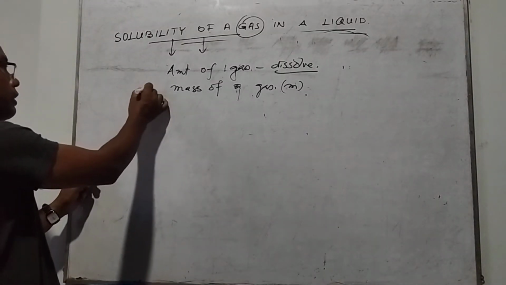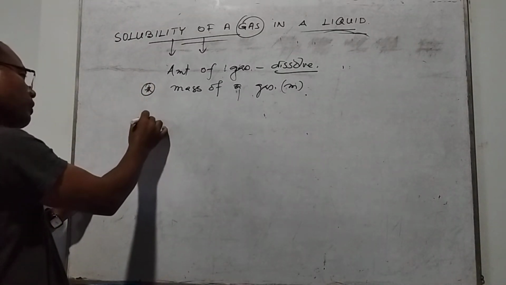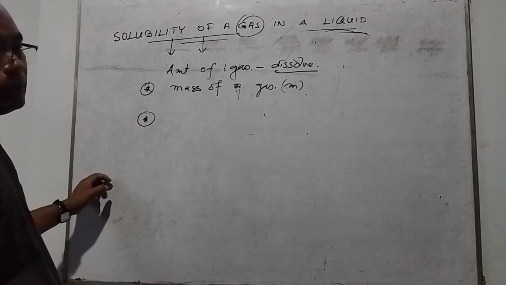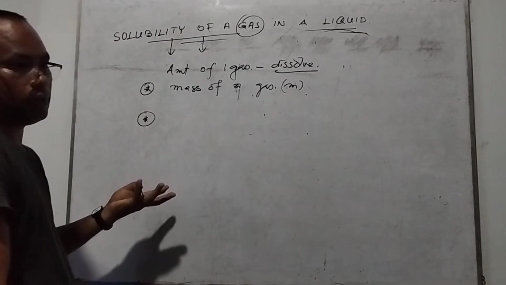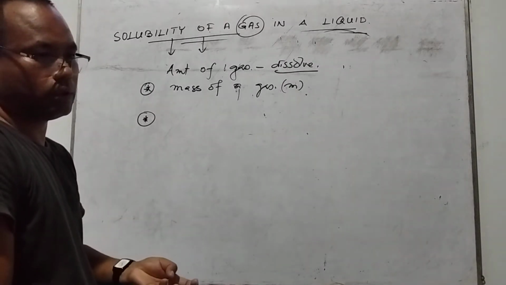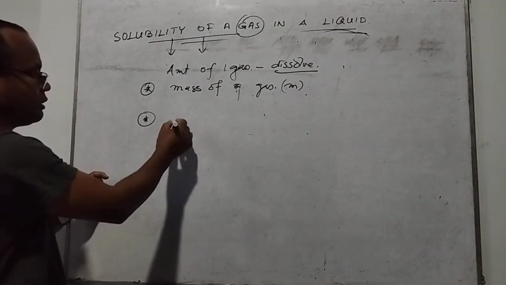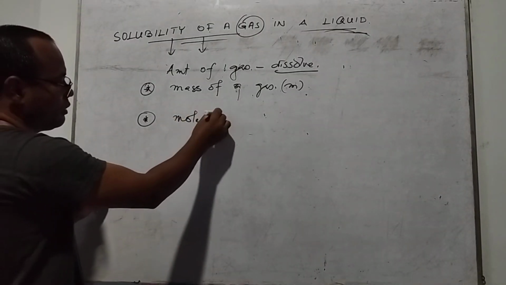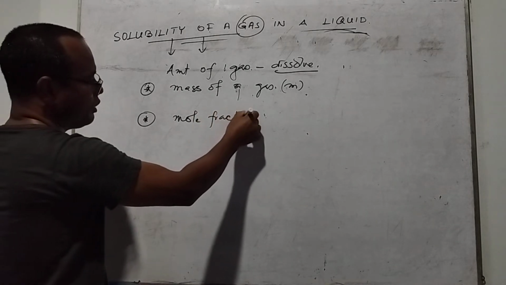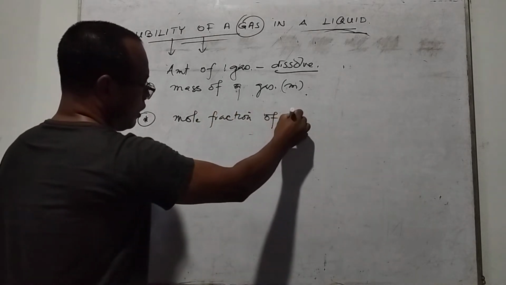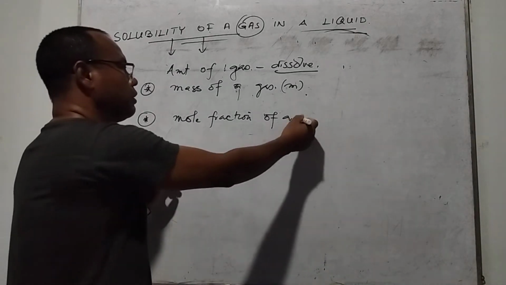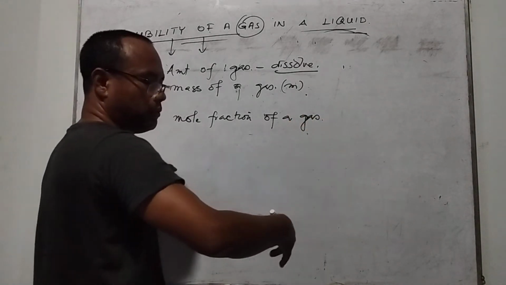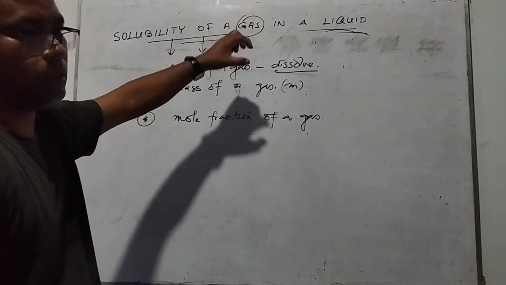Then another one, we can also express it in terms of the number of moles, right? For the number of moles, the standard terminology we use is the mole fraction of the gas. How many moles of the gas can be dissolved into a particular volume of the liquid?